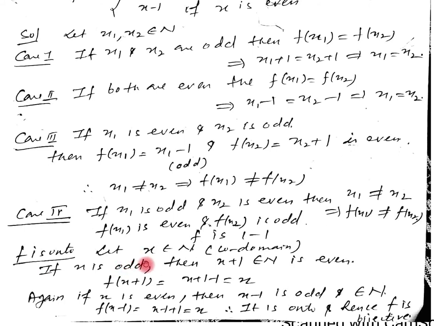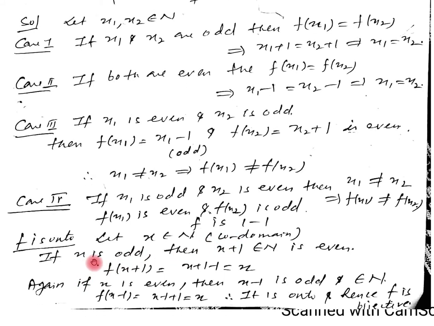Again we take any arbitrary element from the codomain. Now here x belongs to N. First we take the case if x is odd. If x is odd, then x plus 1 belonging to N is even. And the image of this, we are getting f of x plus 1 equal to x plus 1 minus 1 by the definition of the function.